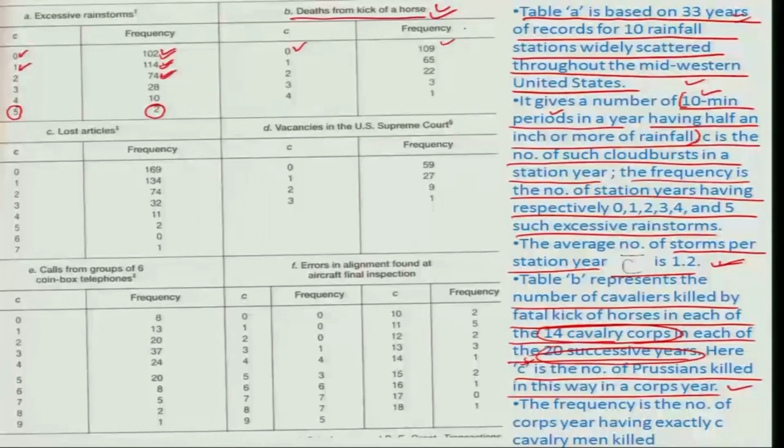Okay, so across all the 14 cavalries there are about 109 such occurrences in 20 successive years where there has been no death. There has been at least one death in 65 such cases among the 14 cavalries in the 20 successive years. Similarly, 2 deaths occurred 22 times in the 14 cavalries for 20 successive years, so on and so forth, and that is how this particular data has been recorded.